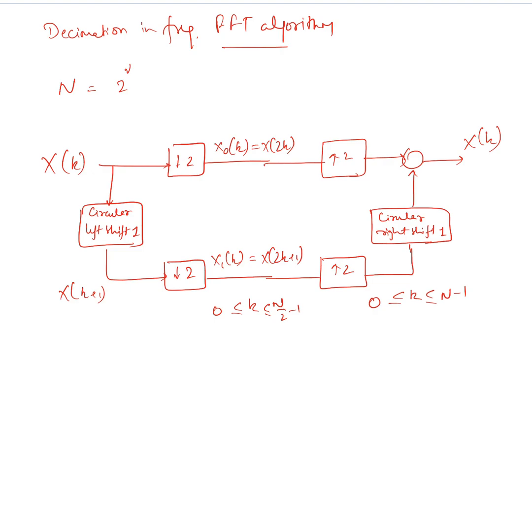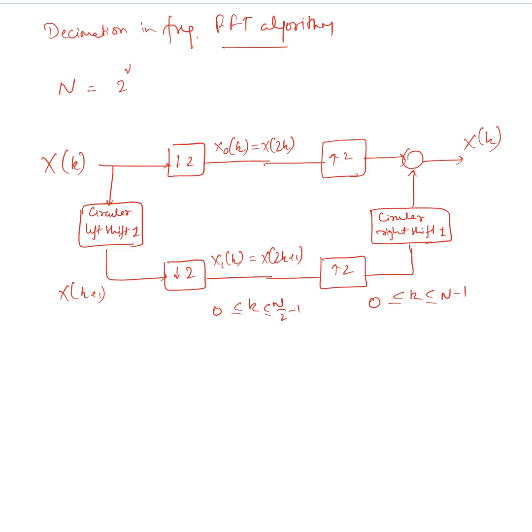Whenever we do this left shifting operation by one DFT sample, the compressor selects the odd index samples. So it is important to remember that the DFT X of k is implicitly periodic with period N. That's why we denoted them as circular left shift and right shift.